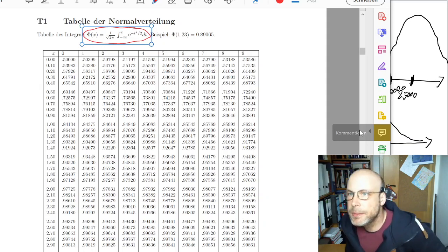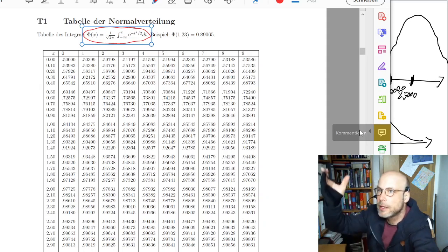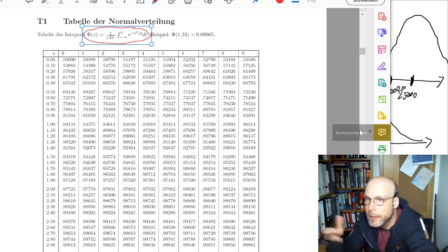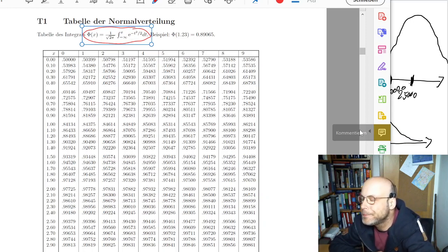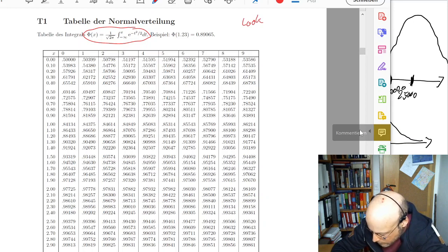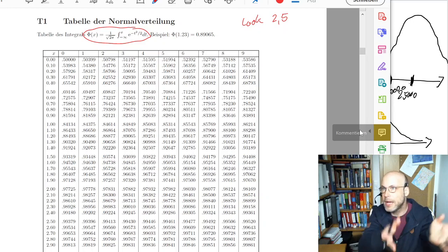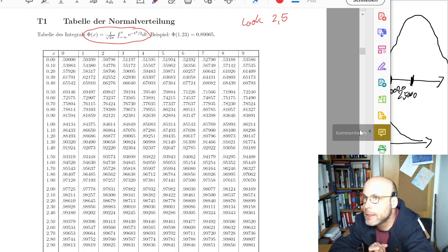These numbers just represent our standard normal distribution. Since we know that it is symmetric, here of course we only represent the positive side, positive numbers. So within this table we just have to look up 2.5, because then we know 1 minus this number is the value for minus 2.5.